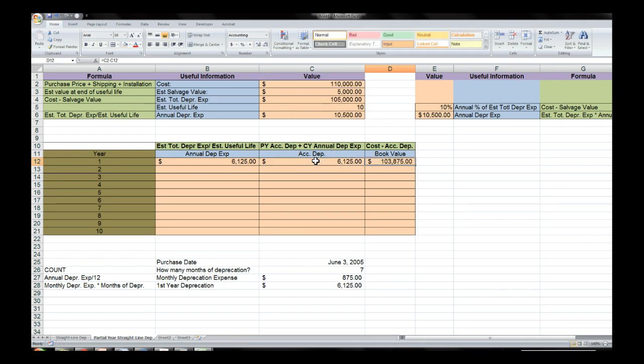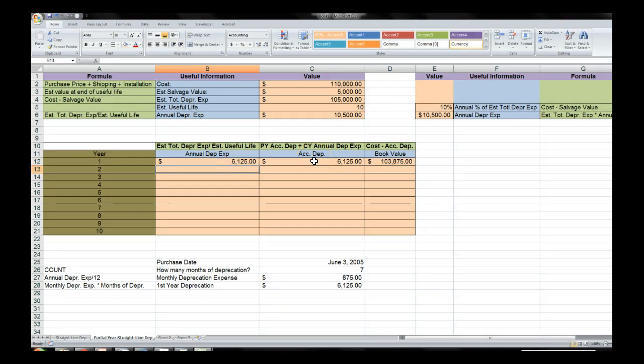Remember, accumulated depreciation is a contra account. Our cost, what we put it on our books at, would be manufacturing equipment, with a debit balance of $110,000. Whereas accumulated depreciation, manufacturing equipment, would be a credit for $6,125. That's how we come up with that book value.